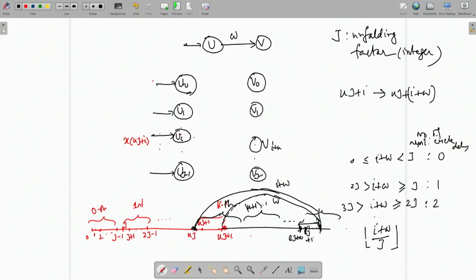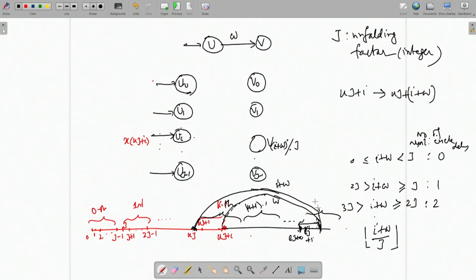V of remainder is denoted like this. If I divide I plus W by J, this is V, I am writing V outside, I plus W. If you divide by J and take the remainder, it is denoted by this.